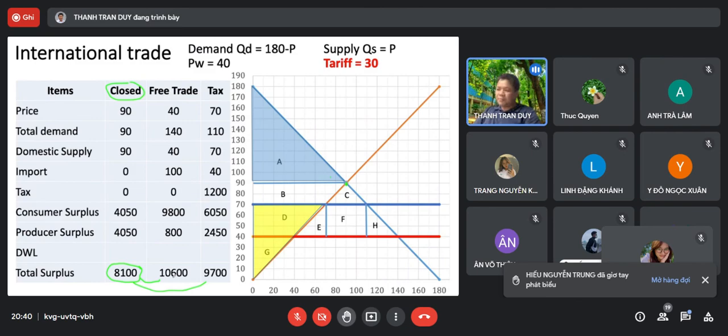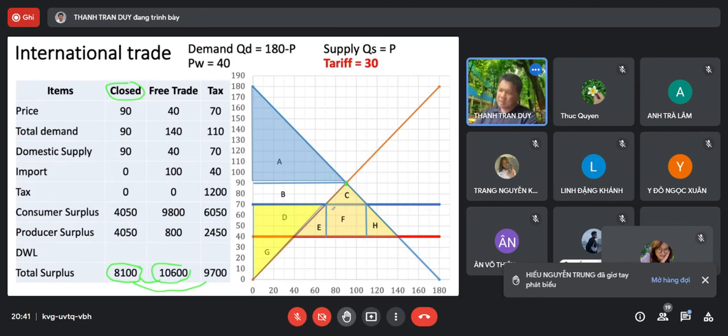Think about this one. If we freely open, we gain CEFH. Is it right? We get CEFH. However, if we close, nobody gets this one.